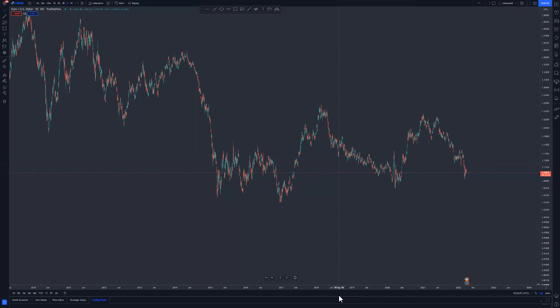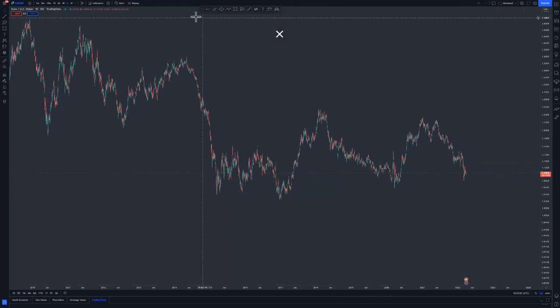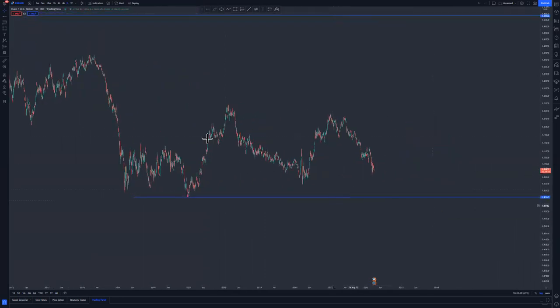Okay, so let's do EURUSD. EURUSD, daily time frame, higher high, lower low. So now after the higher high and lower low, we are having a structure. So this is the structure.